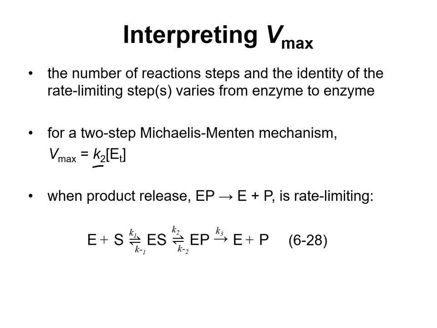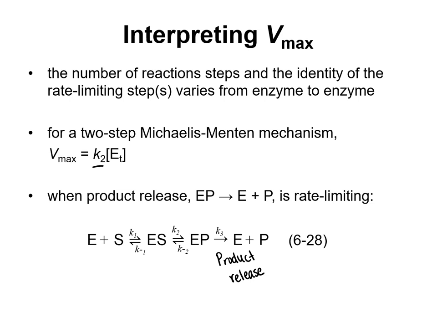When product is released, it's rate limiting. And that is a little bit different from the Michaelis-Menten, going from ES straight to E plus P. It introduces this step of product release. So we now have this K3.